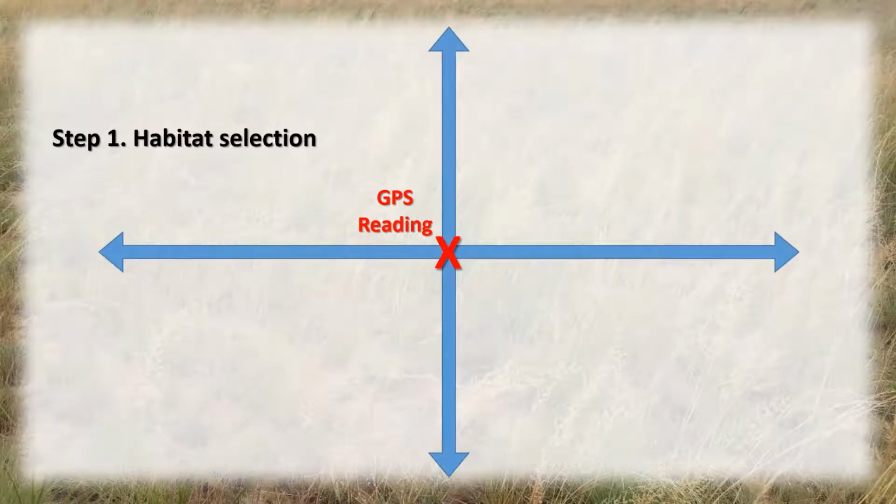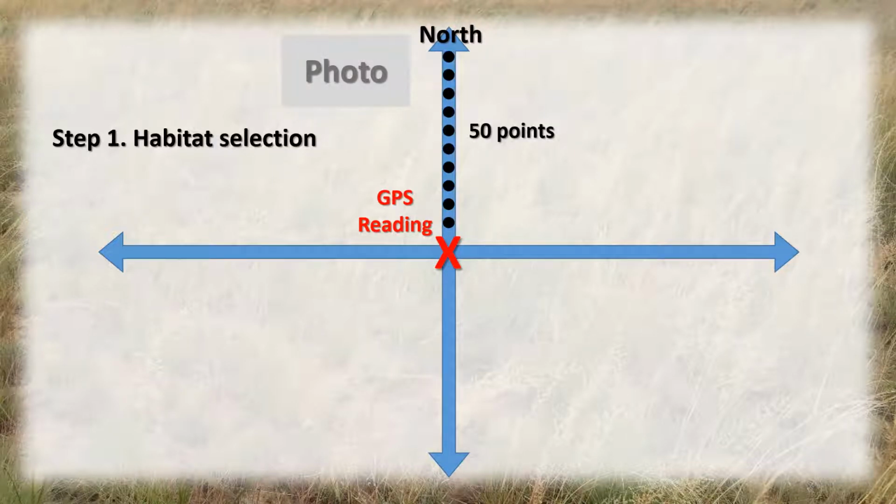So step 1, habitat selection. I said you found your center point, and you take a GPS reading. You orientate yourself in the 4 directions, north, and you take a photograph in the northerly direction, and you take your 50 data points. Okay. You come back to the center point, and you do your south, and you repeat that.